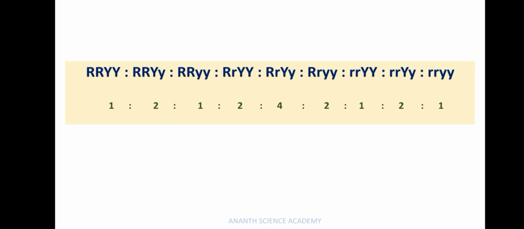Here the genotypic ratio of the dihybrid cross is 1:2:1:2:4:2:1:2:1. If you observe, you can clearly understand how to write this genotypic ratio with the help of the checkerboard or Punnett square we have drawn.